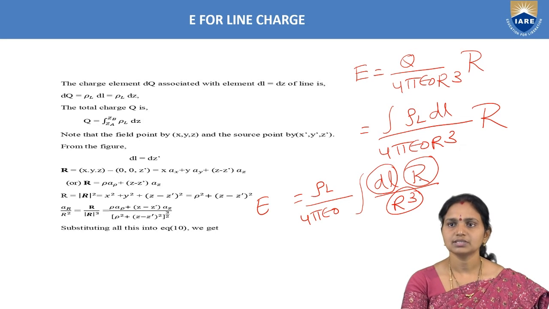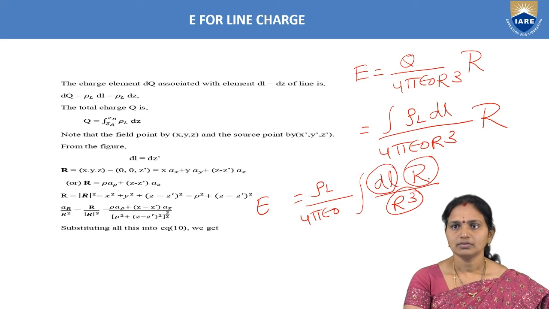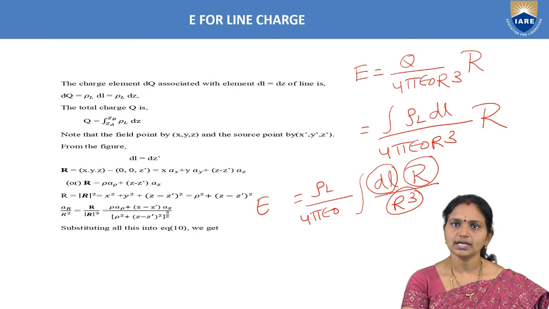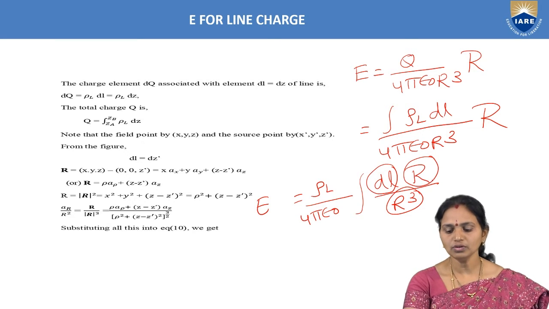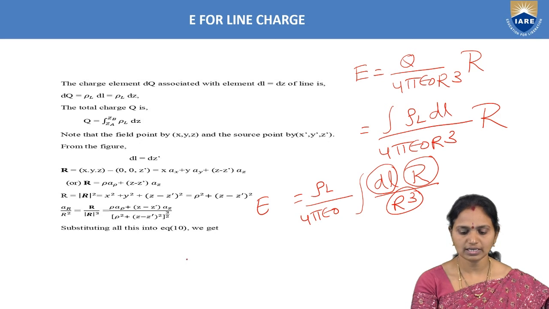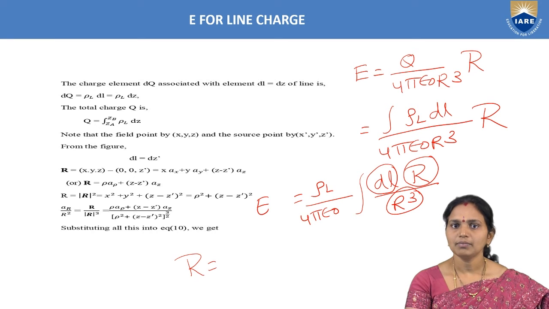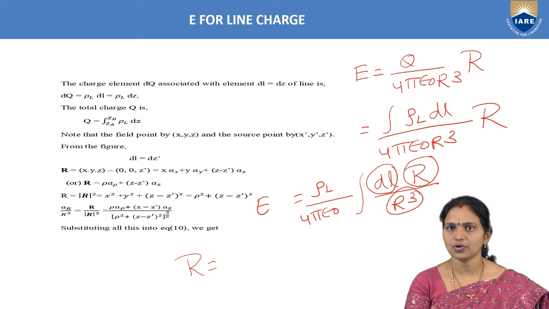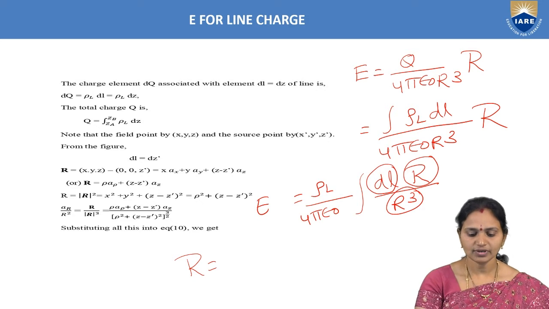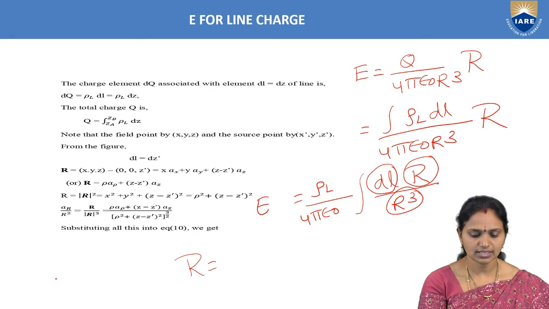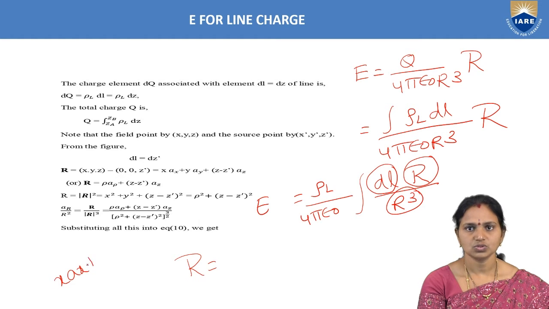Now to get the displacement vector r, we must know both the field point and the source point. As we already know both, we can calculate the displacement vector r by taking the difference between the field point and the source point. The coordinates of the field point are xyz, and in vector form it is xax plus yay plus zaz.